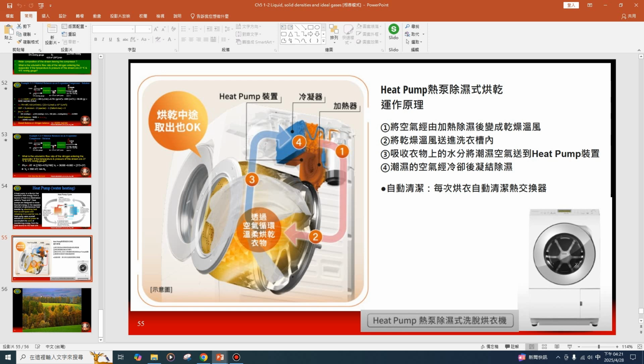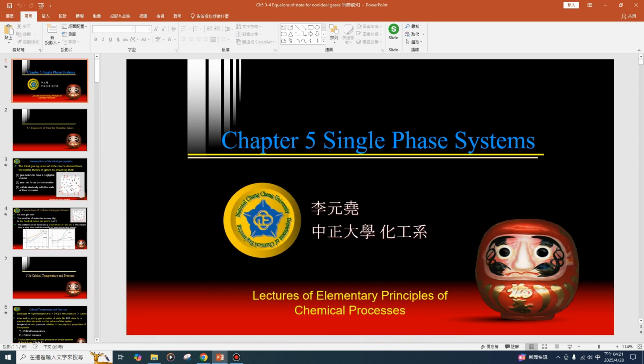So you can wash your clothes and dry them right after, and you don't need to worry about a rainy day or being too busy to dry your clothes. You just put them in and it's done.